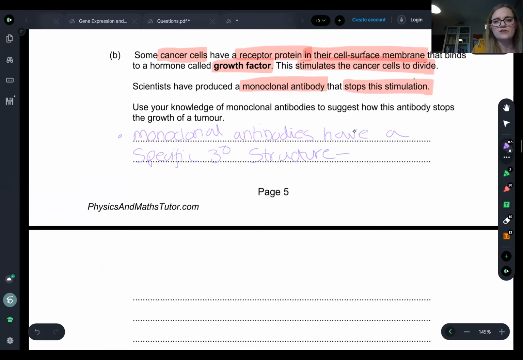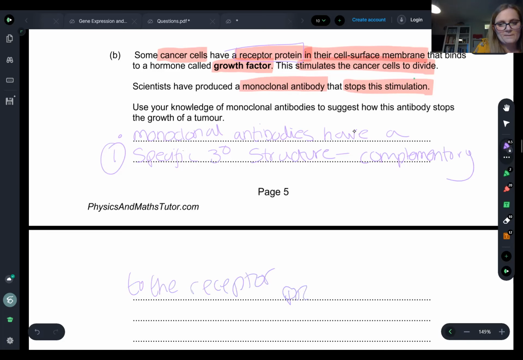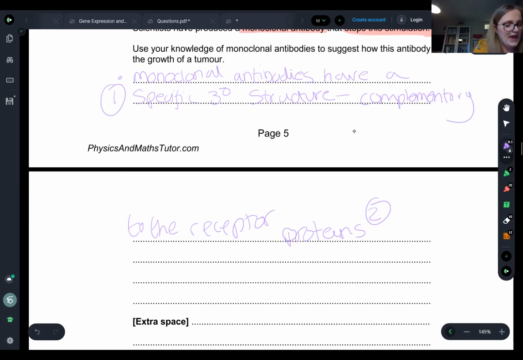And that tertiary structure, so that'll be 1 mark, is complementary to the receptor proteins. Because it's complementary, it binds to it, and when it binds to it, it then prevents growth factor binding.